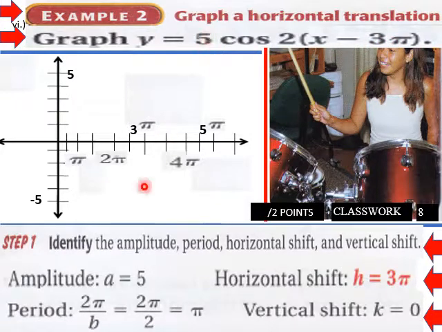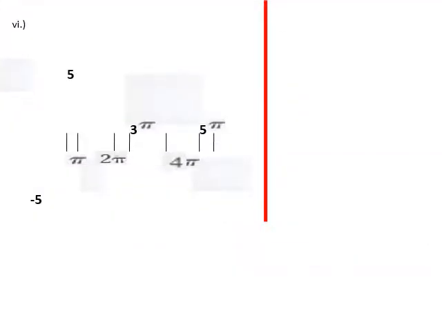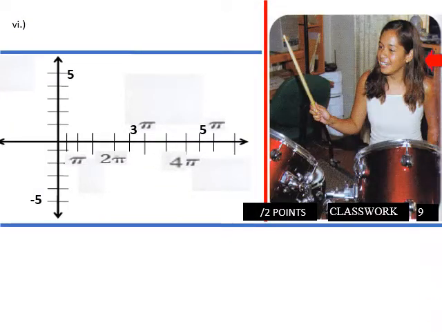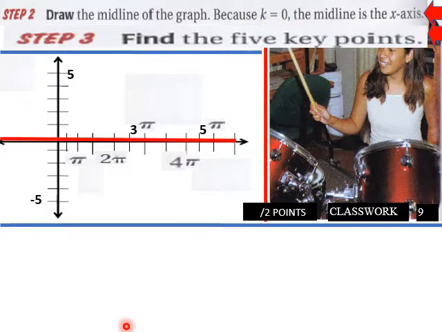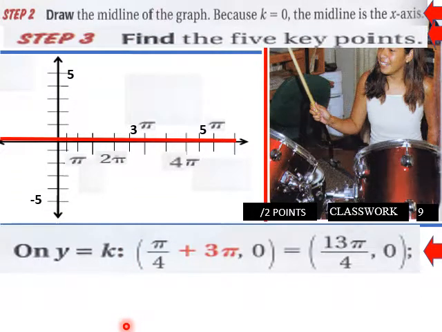And here is our amplitude. Our period is 2 pi over 2. 2 pi over 2 would be pi. And then our vertical shift k would equal 0. We have no shift. So in this situation here, draw the midline. Because k equals 0, the midline is the x-axis here. Find the 5 key points.